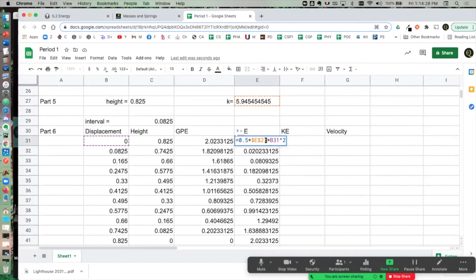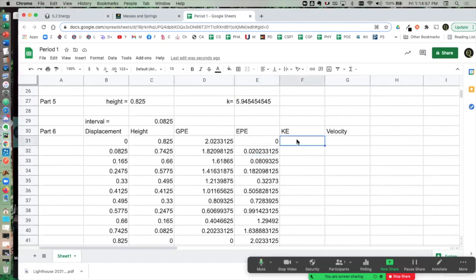Okay, times your first displacement cell. Don't dollar sign that one. Caret and a 2. Got it? Okay, now you drag it down.